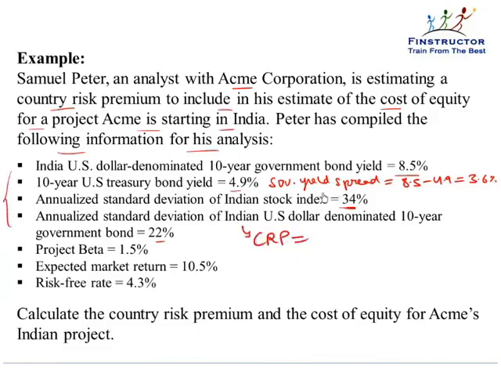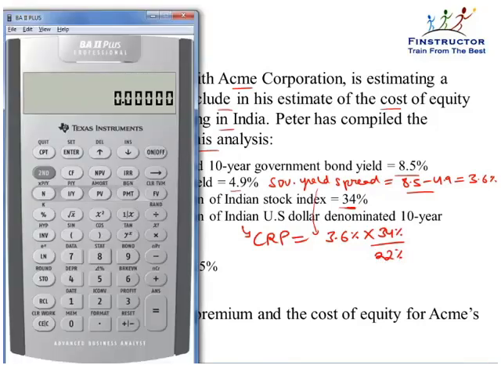It will be the sovereign yield spread, that is 3.6%, multiplied by, so this is the difference in just the debt, how much more risky is equity as compared to debt? 34% by 22%. We can do it on the calculator. It'll be 3.6 into 34 divided by 22, which is 5.56%.